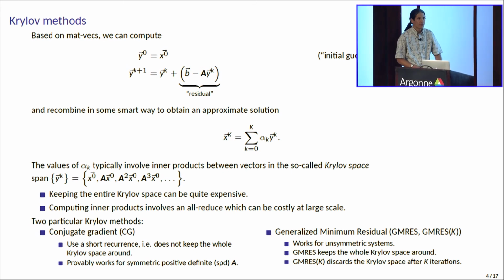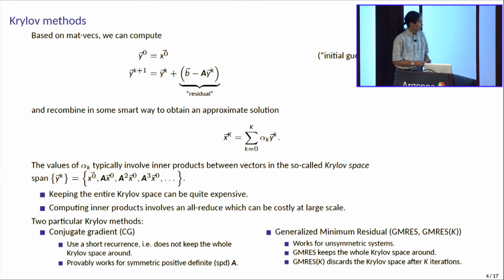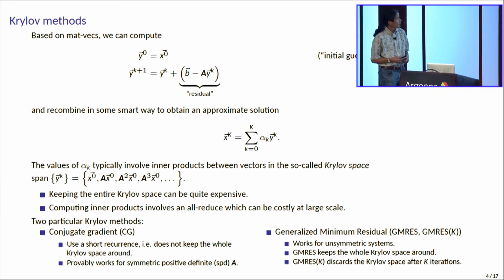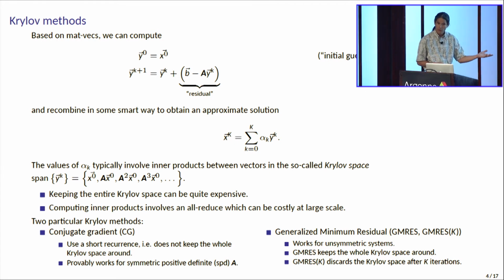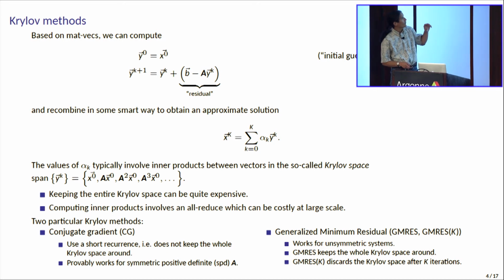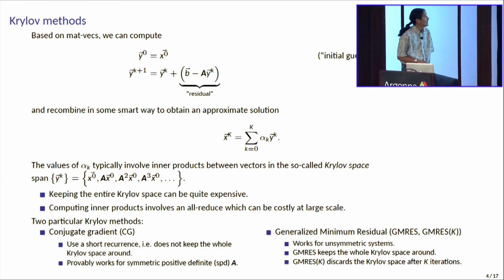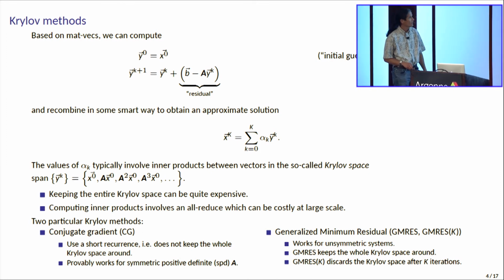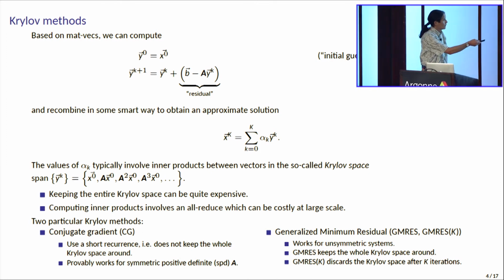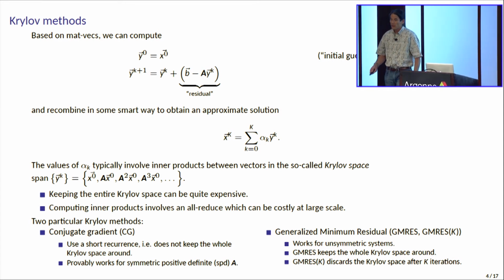The first set of iterative methods that I'm going to talk about, you've already seen today. Krylov methods. There was a really nice talk that Jim Demmel gave this morning. Based on sparse matvecs, we can do computations of this form, where we do updates based on a residual, and we can recombine these to come up with approximate solutions.